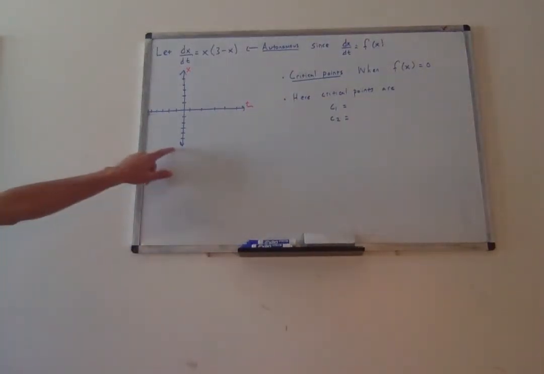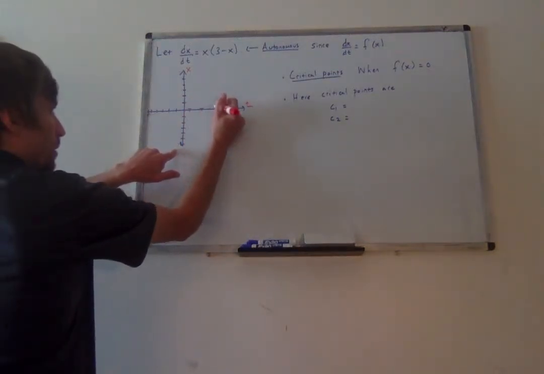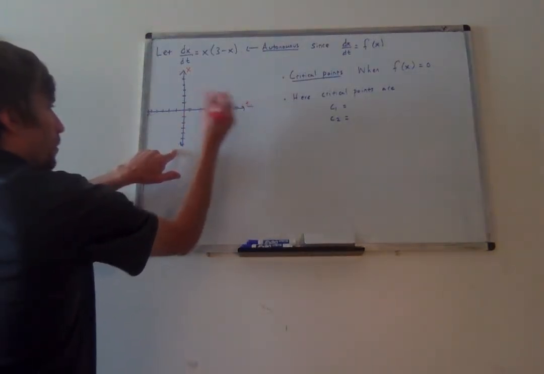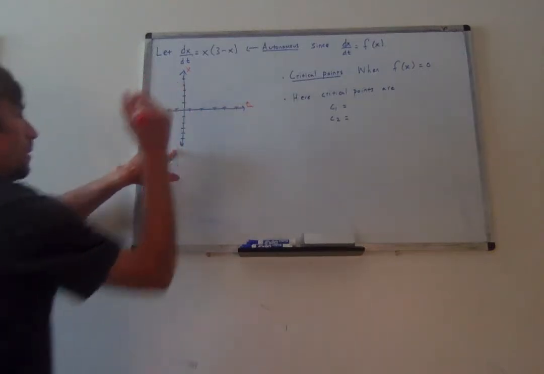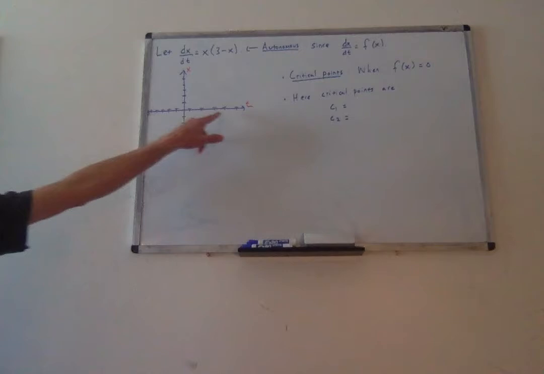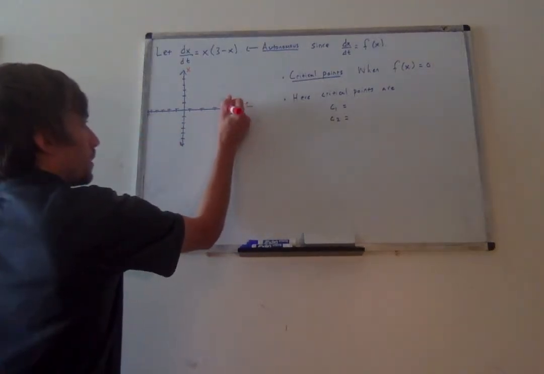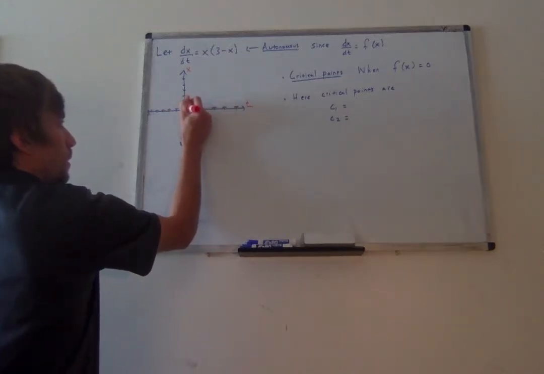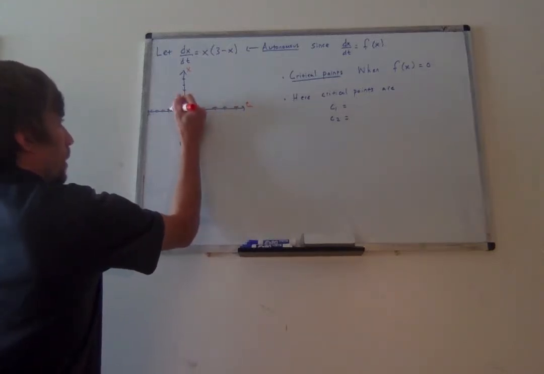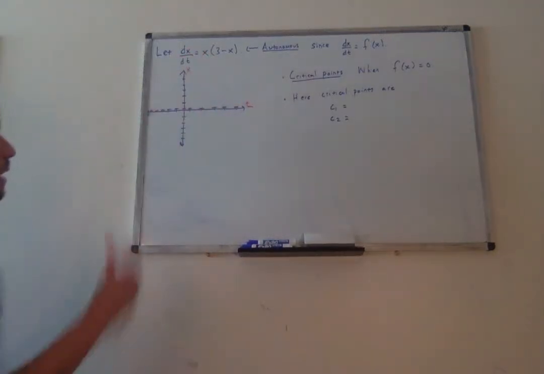So if I want to draw the slope field of this equation, notice at 0, and I'll draw these lines maybe a little above 0 so we can actually see them, that the slope of this equation is 0, because when I plug 0 into my differential equation here, I get a value of 0.